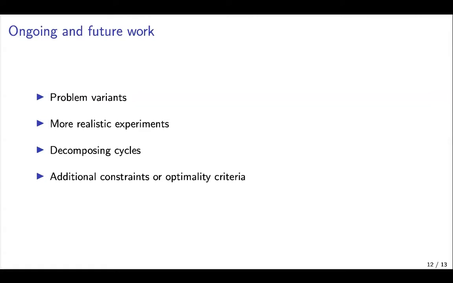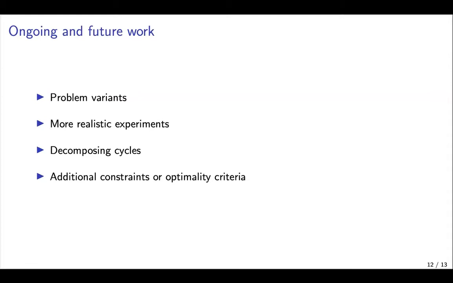And if we want to test FDSC or MFDSC for other assembly problems, like viral quasi-species assembly or metagenomic assembly that we mentioned earlier, we're going to need to be able to decompose cycles, which does seem to be pretty difficult to do.